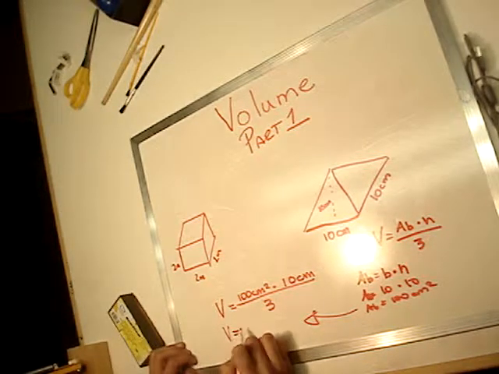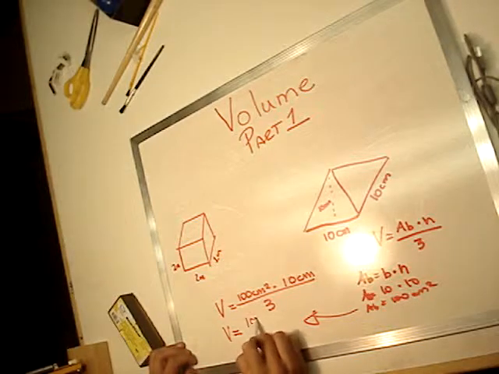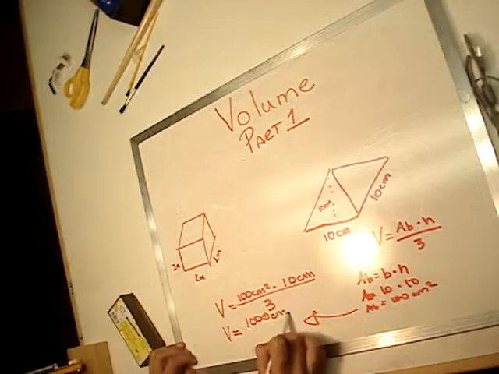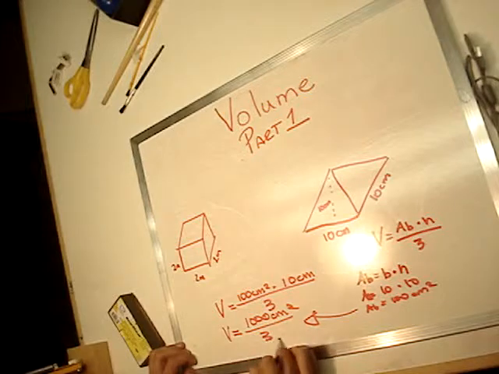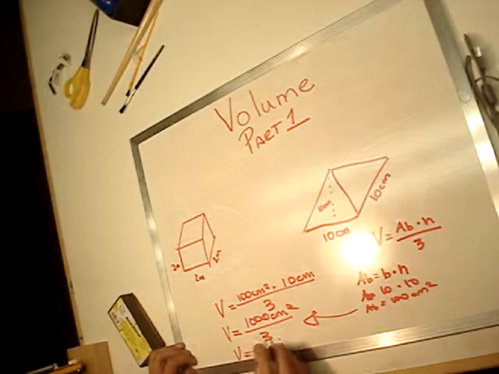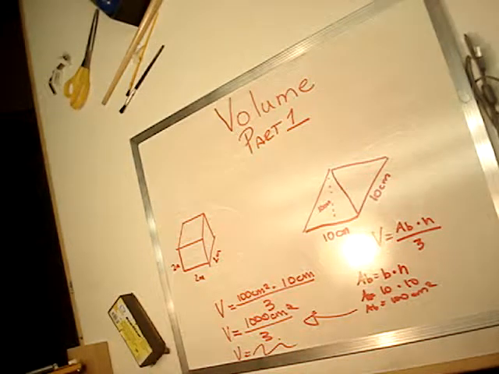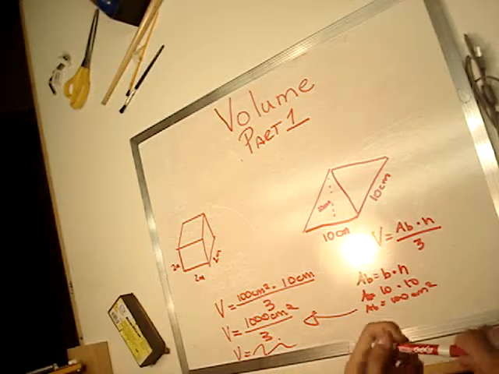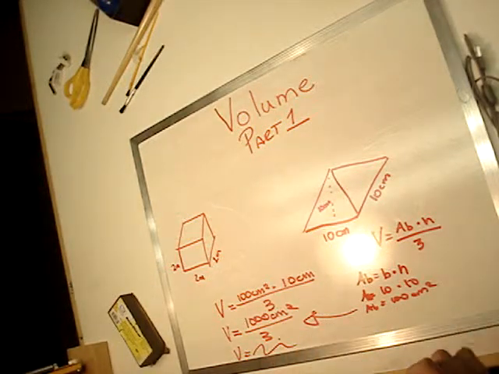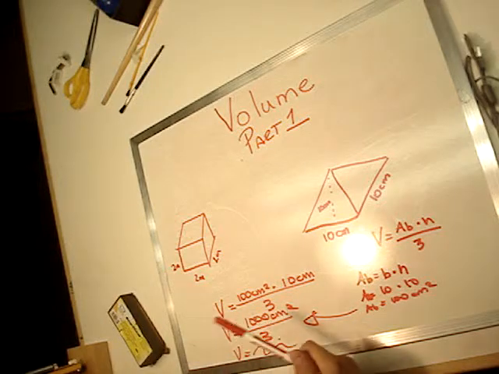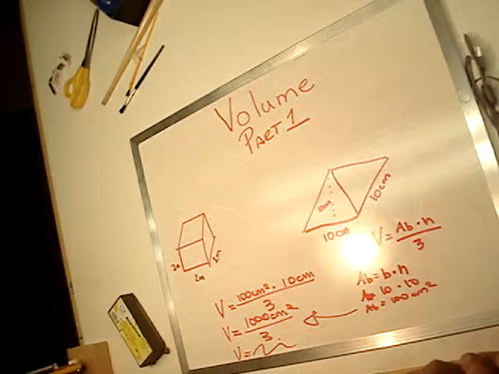Volume equals 1,000 centimeters cubed divided by 3. And volume equals whatever that is. I'm not going to bother to divide it out, only because for once I didn't plan my video ahead. I'm just making this really quickly, so whatever 1,000 divided by 3 is the answer. Go through, check it out. You'll see that it's correct.